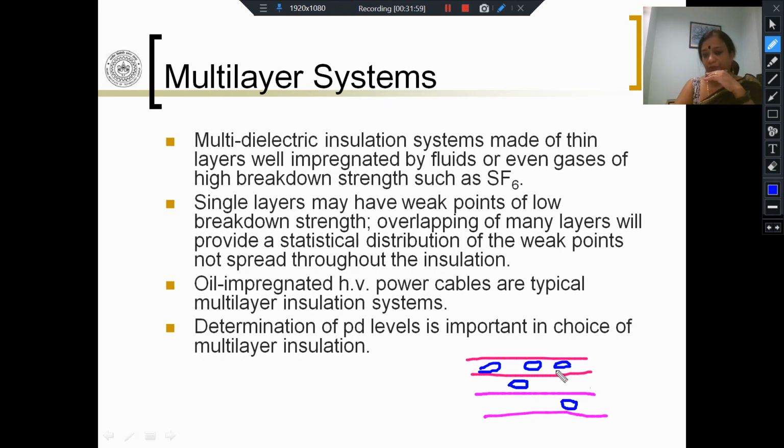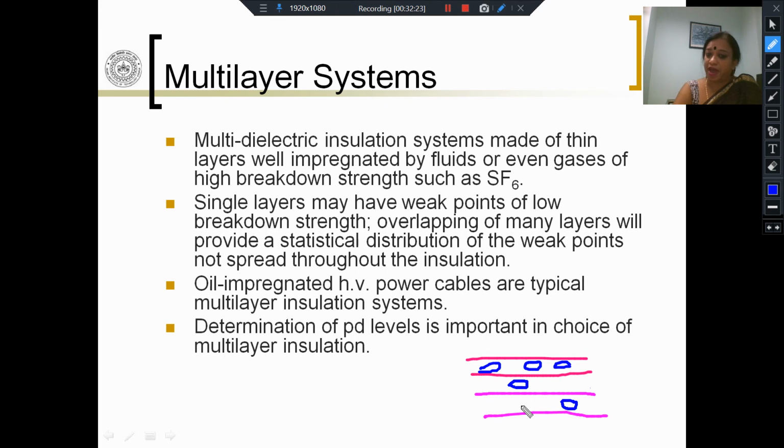There is a small bubble here, but in the next layer you have solid, voidless material. Again in the next layer you may have voids here and here. So there is less likelihood that you will have a conducting gap or a continuation of a weak region spanning the entire distance between the two electrodes.